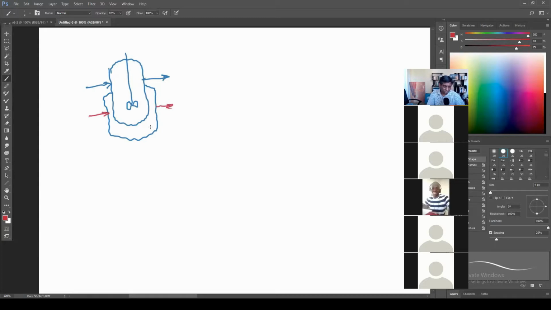So you've got some temperature in here, TA. And you've got an inlet temperature here, Tin. And in fact, let's just use a different color for that. So you've got your reacting fluid's temperature in here, and then in here is temperature T.